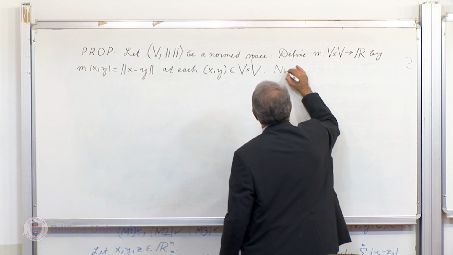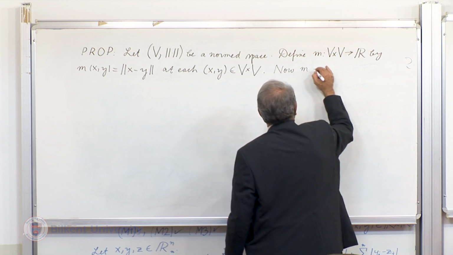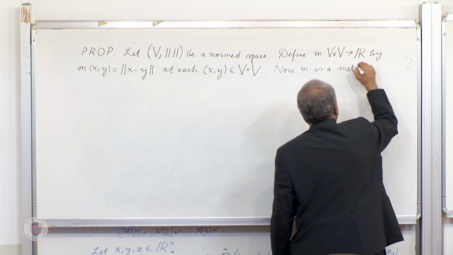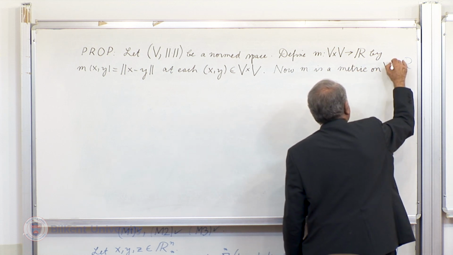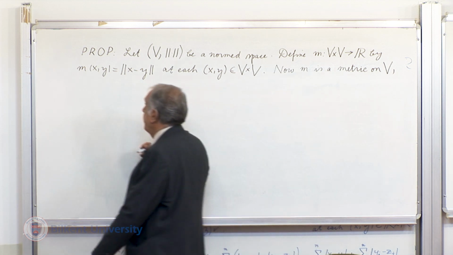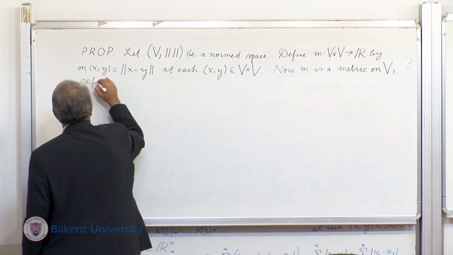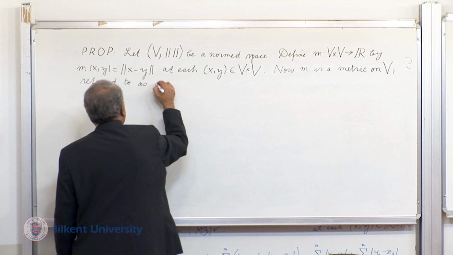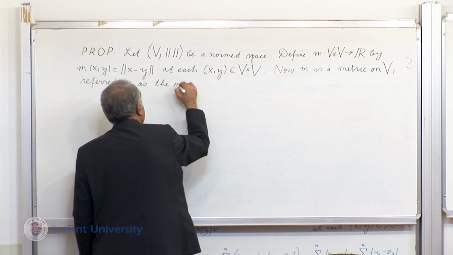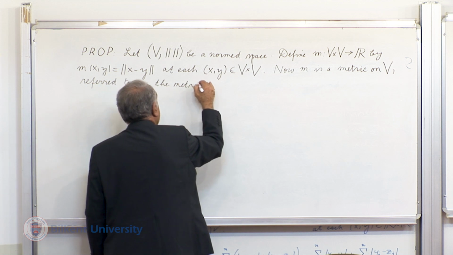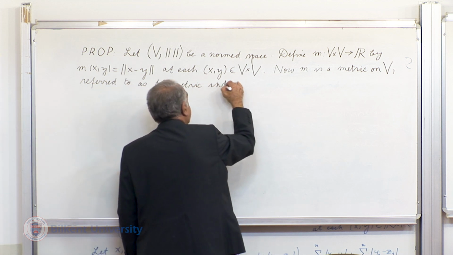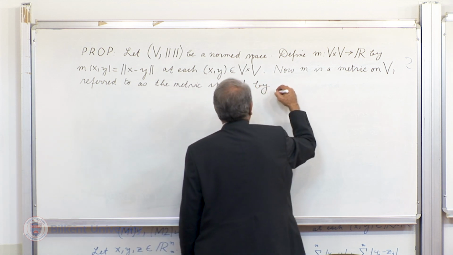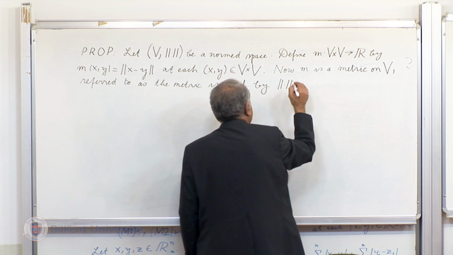Now, M is a metric on V referred to as the metric induced by this norm.